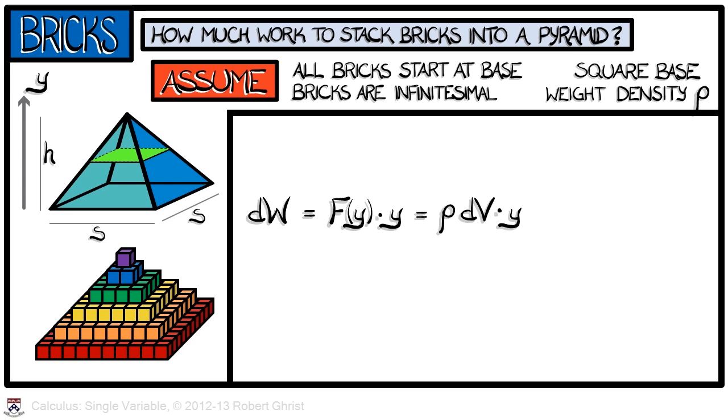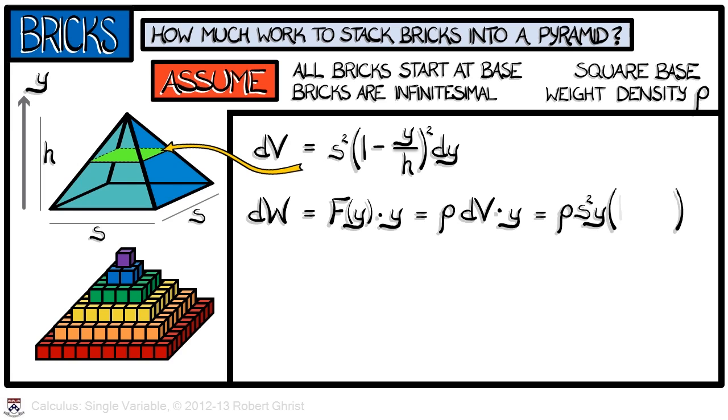Now that force element is really rho times dv, the volume element, and that, again, can be computed as we've done in the past as s squared, the area of the base, scaled by the factor of 1 minus y over h quantity squared times the thickness dy.